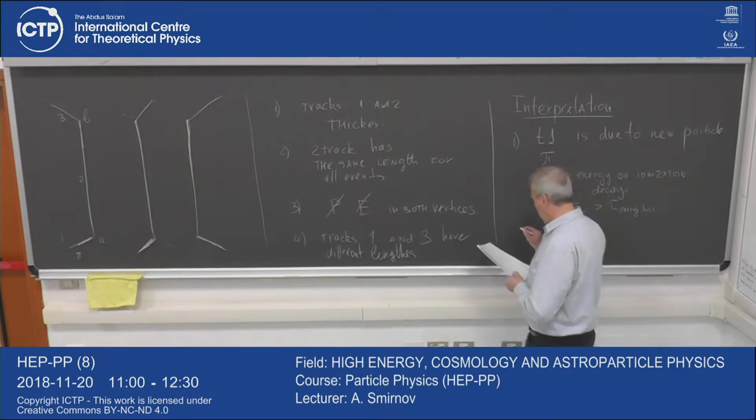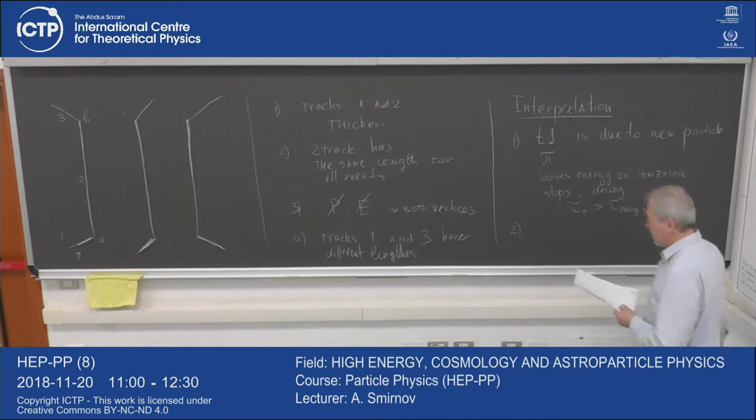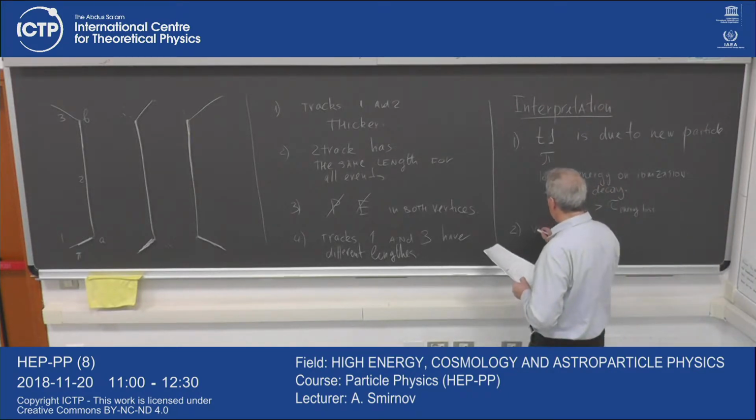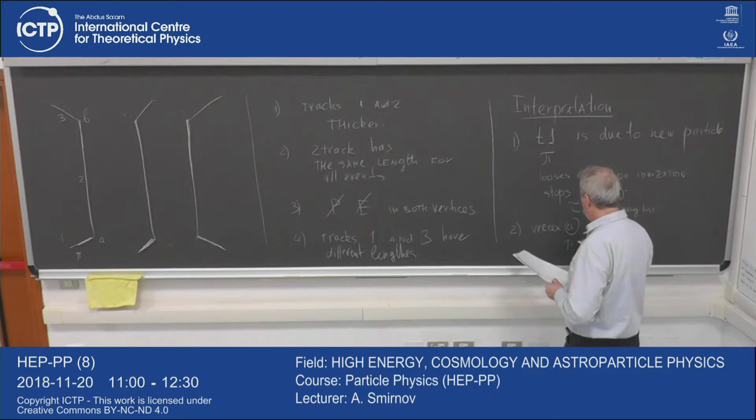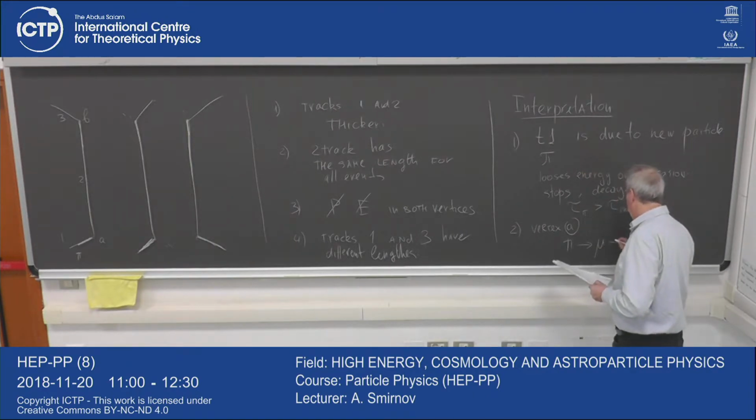Okay. Second, in the vertex A, this new particle decays with two particles in the final state.